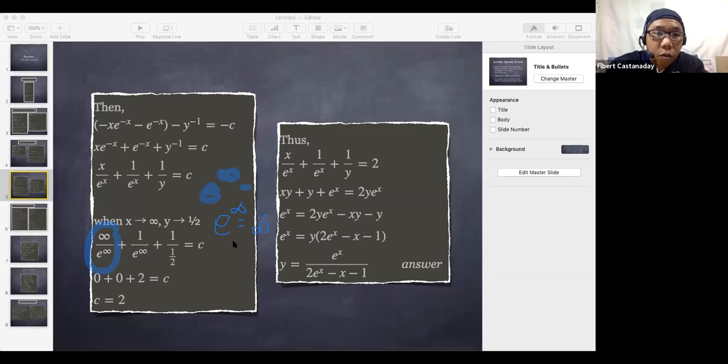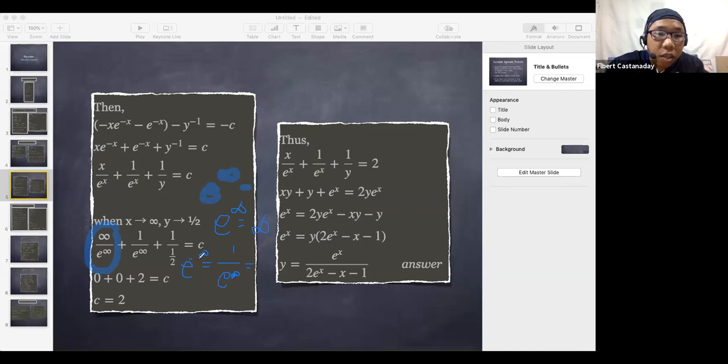And if you put e raised to infinity in the denominator, 1 over e raised to infinity is the same as e raised to minus infinity.